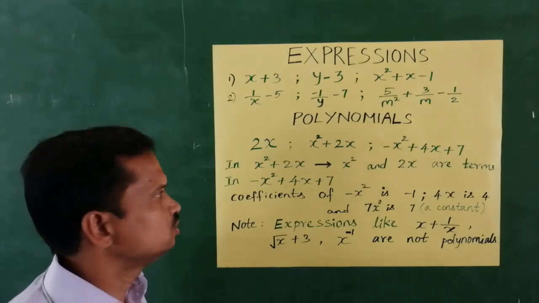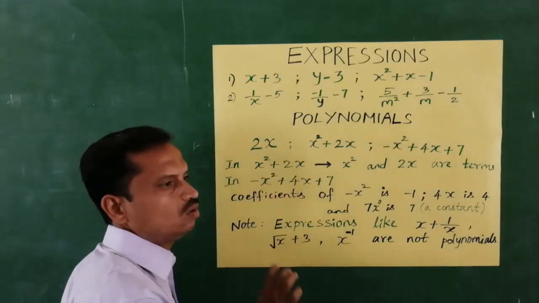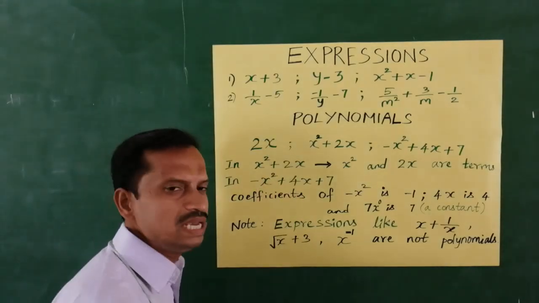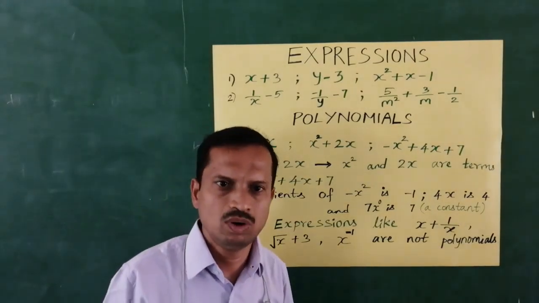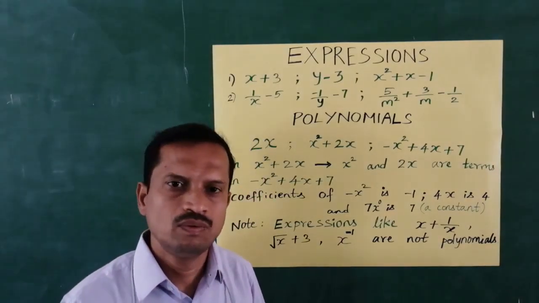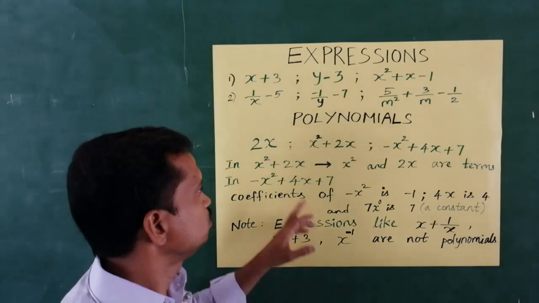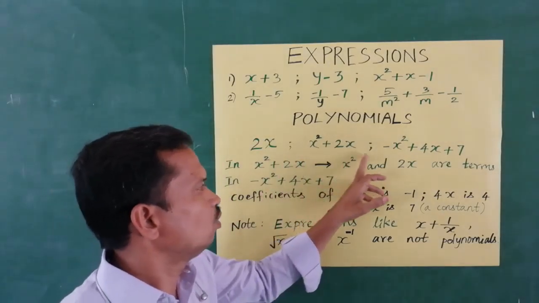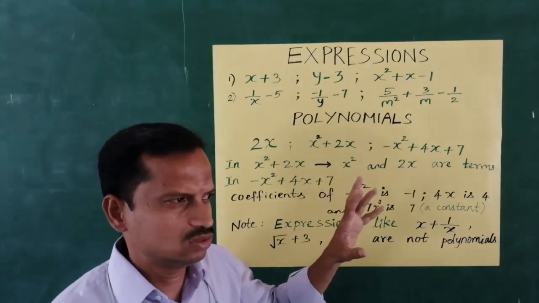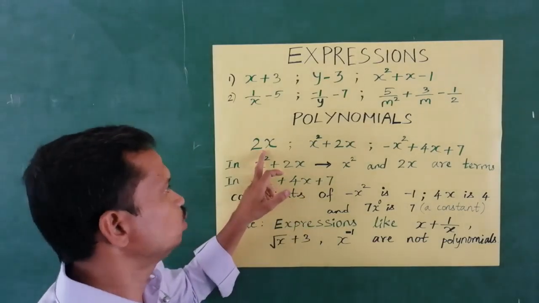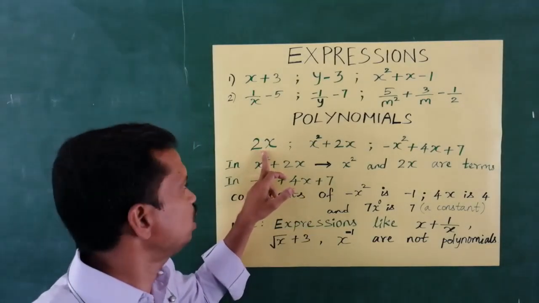Whereas in polynomials, the exponent of every variable should be a whole number. Only a whole number should be the exponent of every variable. I have taken only the x variable here. So 2x is an expression and also a polynomial.